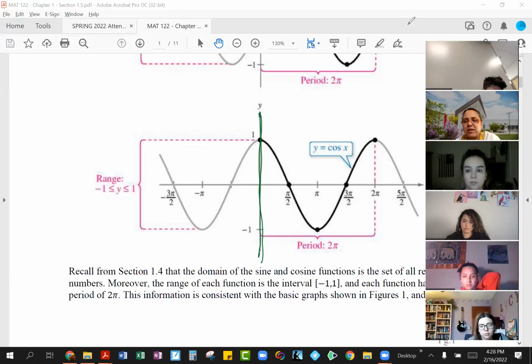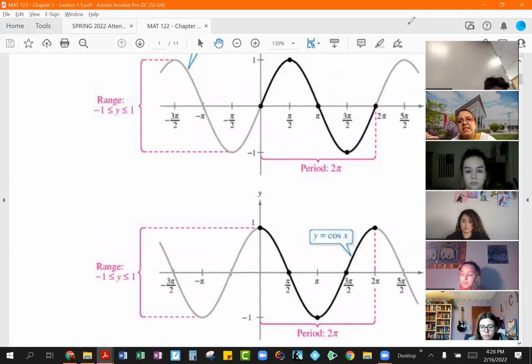Think about a parabola that opens up or down. It's the same thing. You have symmetry with respect to that vertical axis. It can be the y-axis or any other line. If you fold along that line, your two halves are going to match exactly in the same way. So that's your symmetry in terms of the y-axis. But with the origin, you can't really do the whole folding thing.